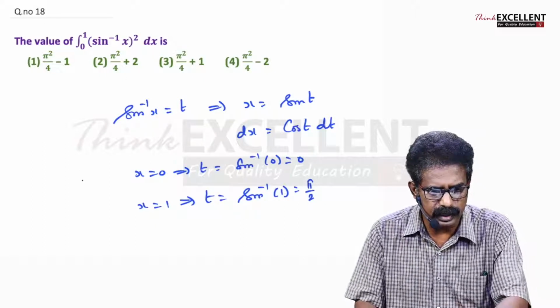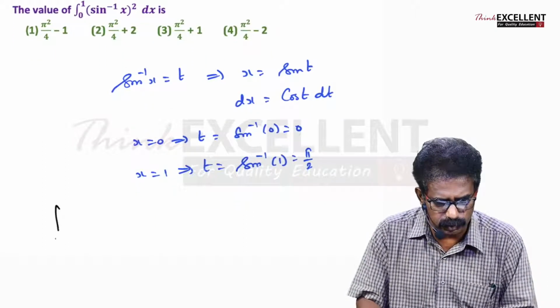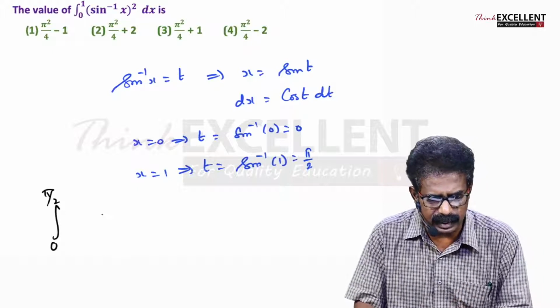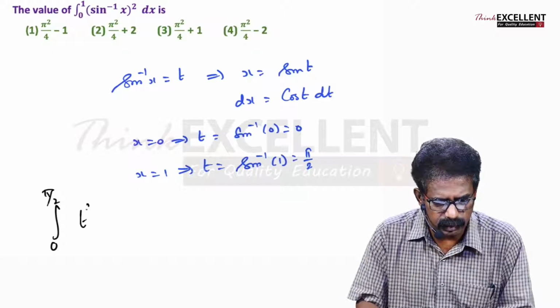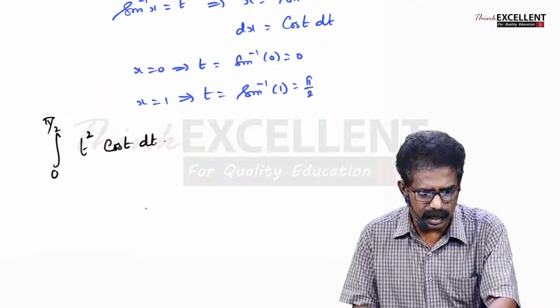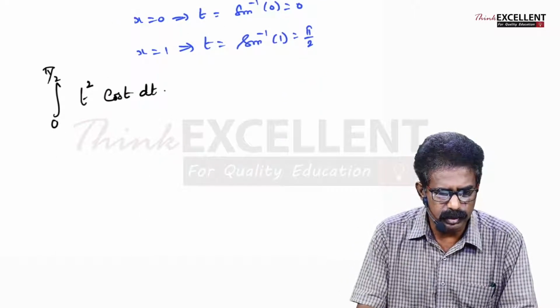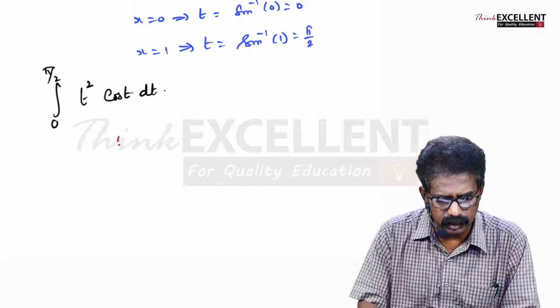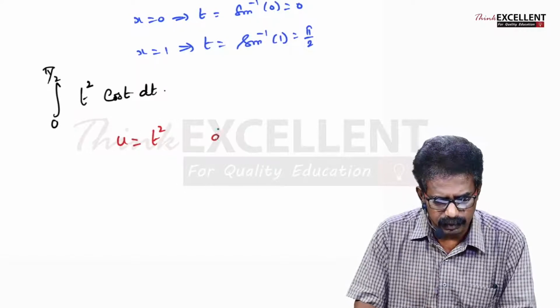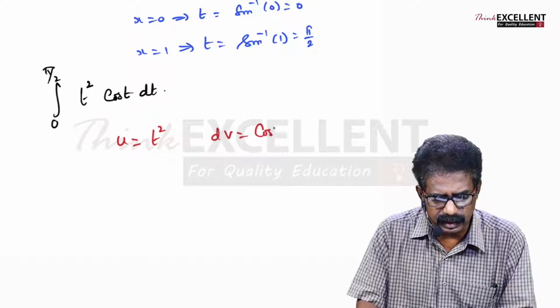So you are getting integral 0 to pi by 2. Sin inverse x, that is t. So t square into dx. What is dx? Cos t dt. So now we have to integrate it. Integration by parts, or you can use Bernoulli's formula, right? u dv. u equal to t square, dv is cos t dt.